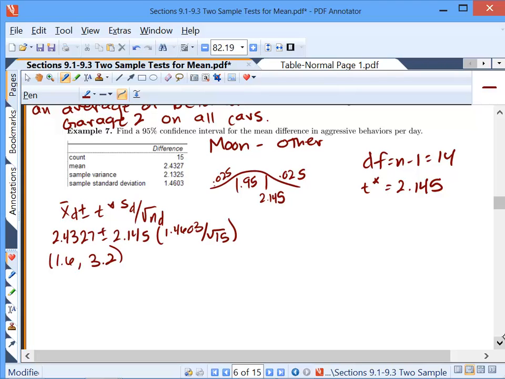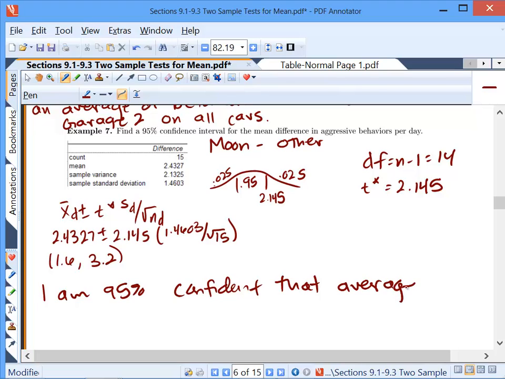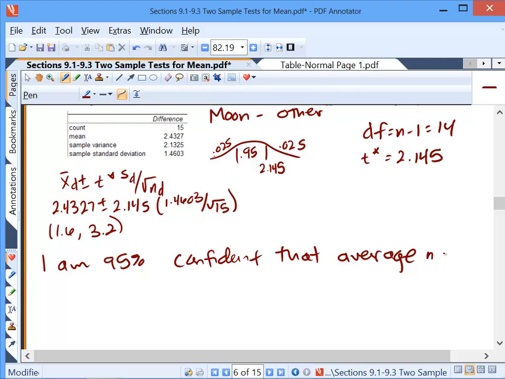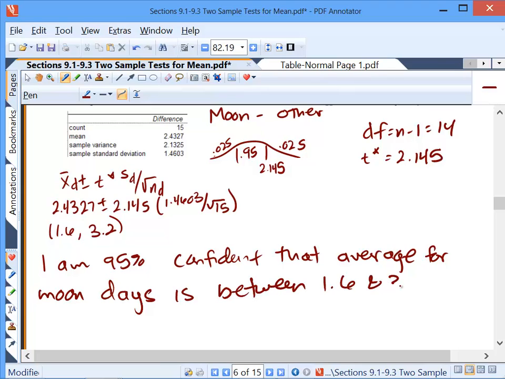Okay. If I say something like, I am 95% confident that the average for moon days is between 1.6 and 3.2.